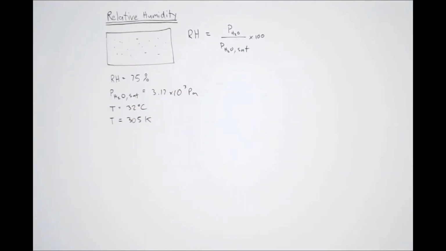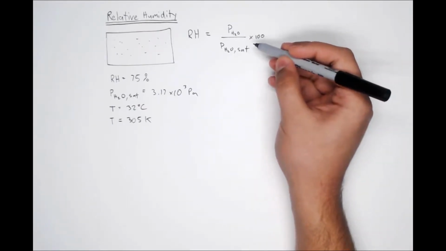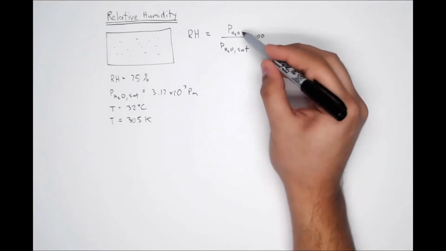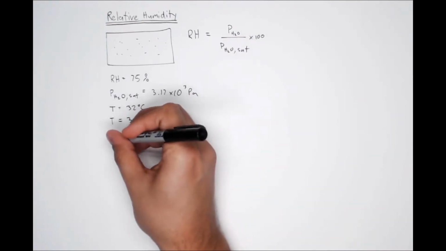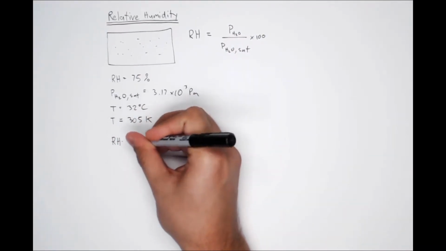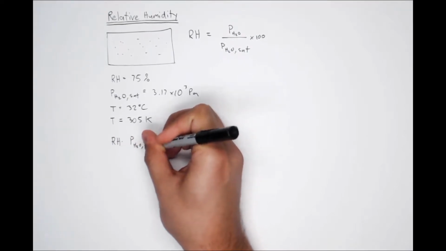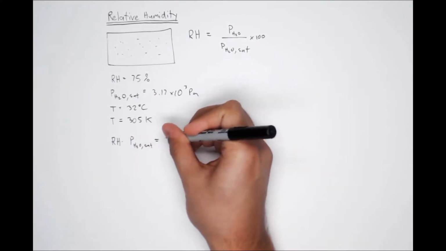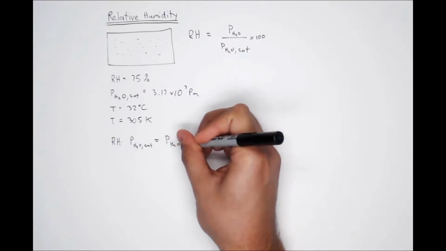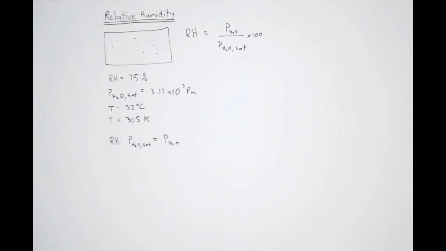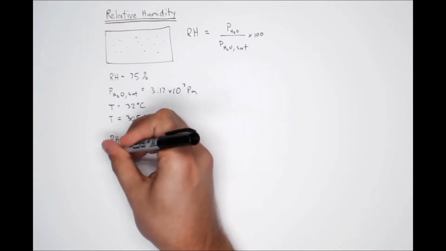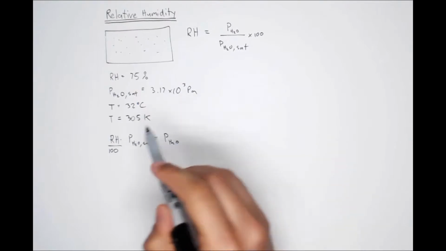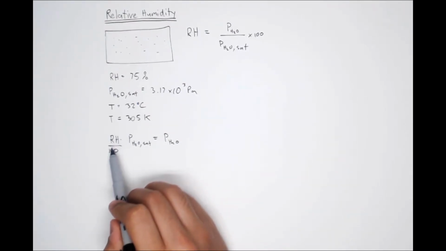The first thing that we can do is use our relative humidity equation to calculate the partial pressure of the molecules of water, the pH2O. Essentially, if we take the relative humidity and multiply it by the saturated vapor pressure, we will get the actual vapor pressure. And since I defined the RH with the times 100, I'm just going to have to throw in a divide by 100 here, because what I want is the relative humidity fraction, not the percent.